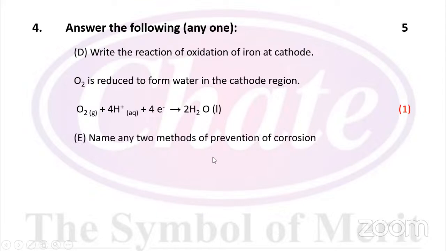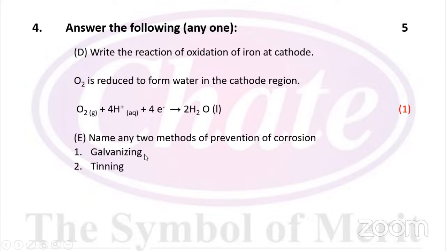Name any 2 methods of prevention of corrosion. Corrosion can be prevented by many different methods. Out of these, you can write down any 2 methods. You just have to write down the names of those methods. For example, galvanizing, then tinning.